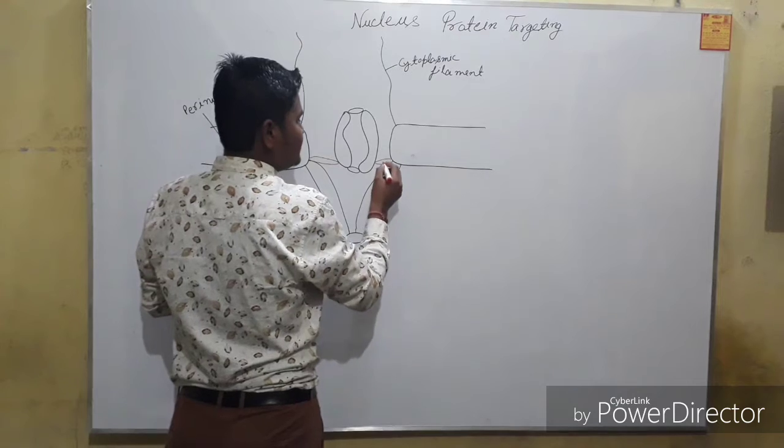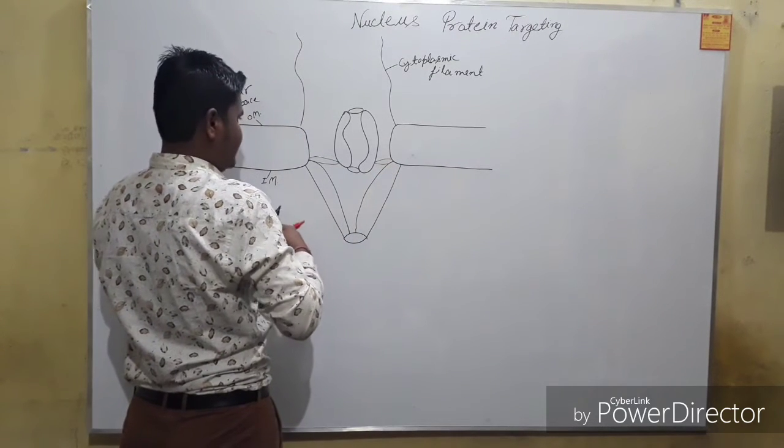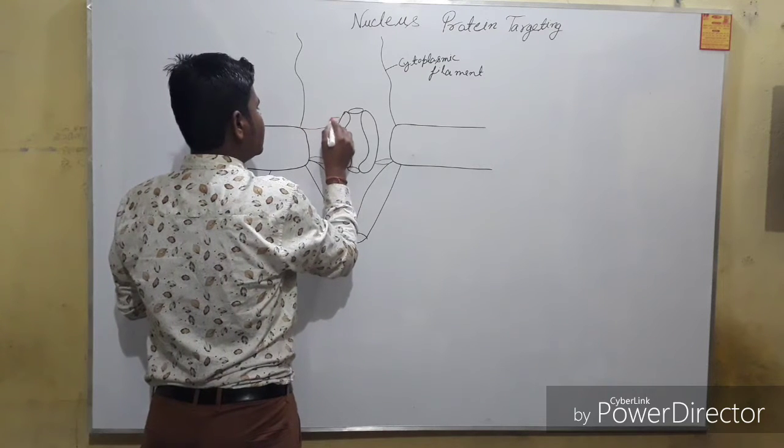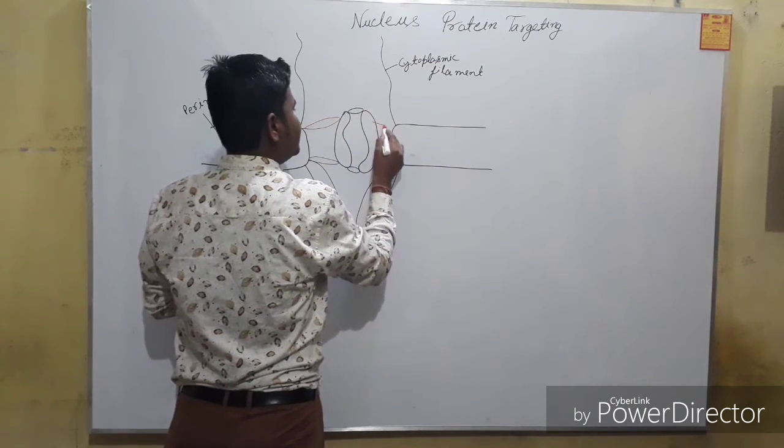This one is the nuclear ring, and this is the cytoplasmic ring.